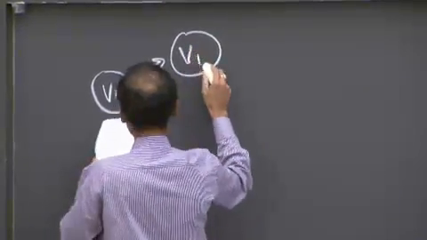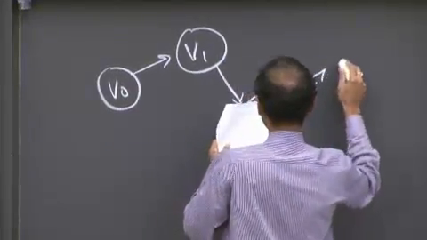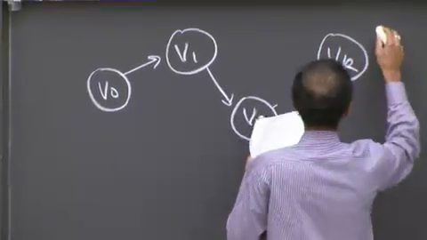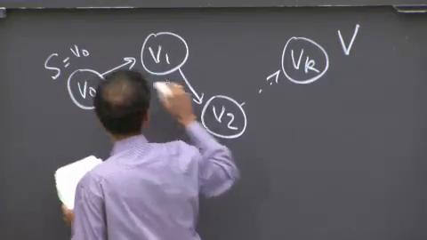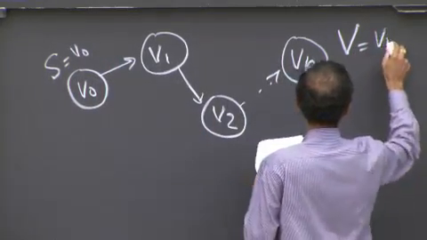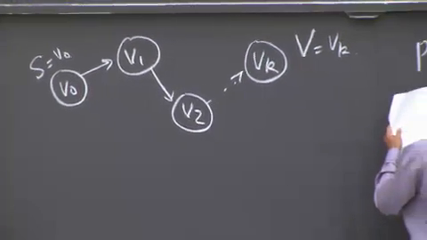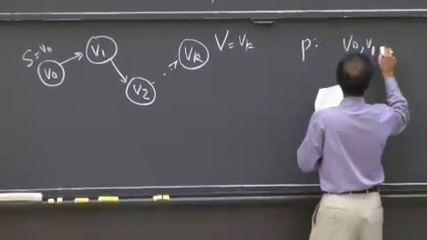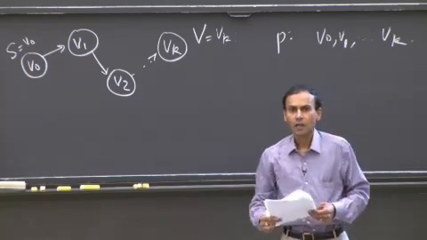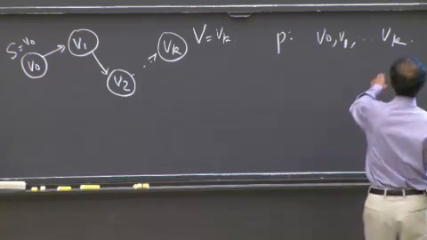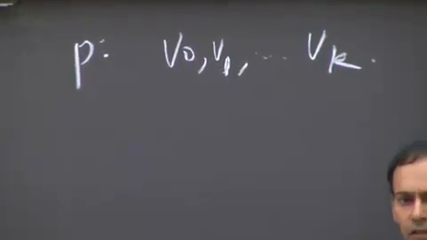You have V0, V1, V2, etc., all the way to Vk. This is my vertex V. This is S. So S equals V0, V equals Vk. So I'm going to have a path P that is V0, V1, all the way to Vk. Okay? How big is K in the worst case? How big is K?